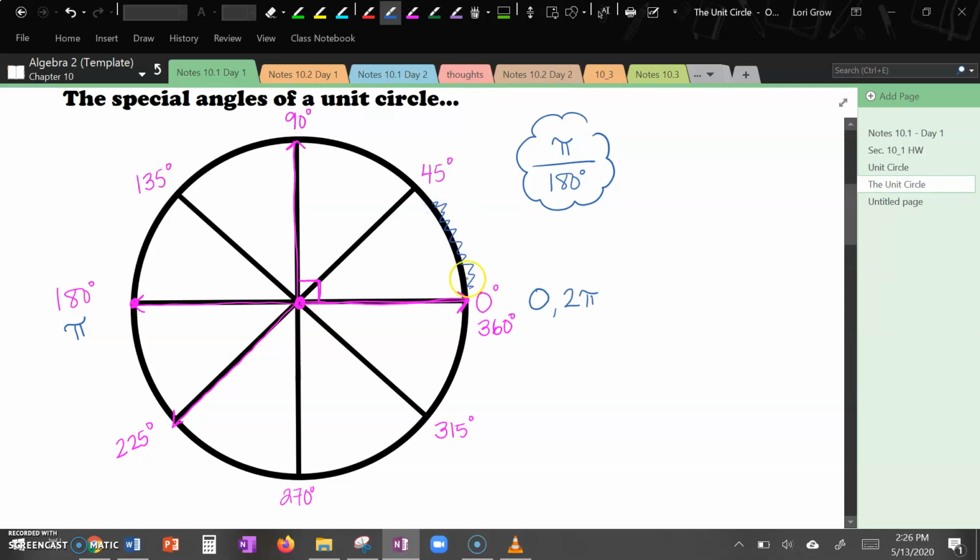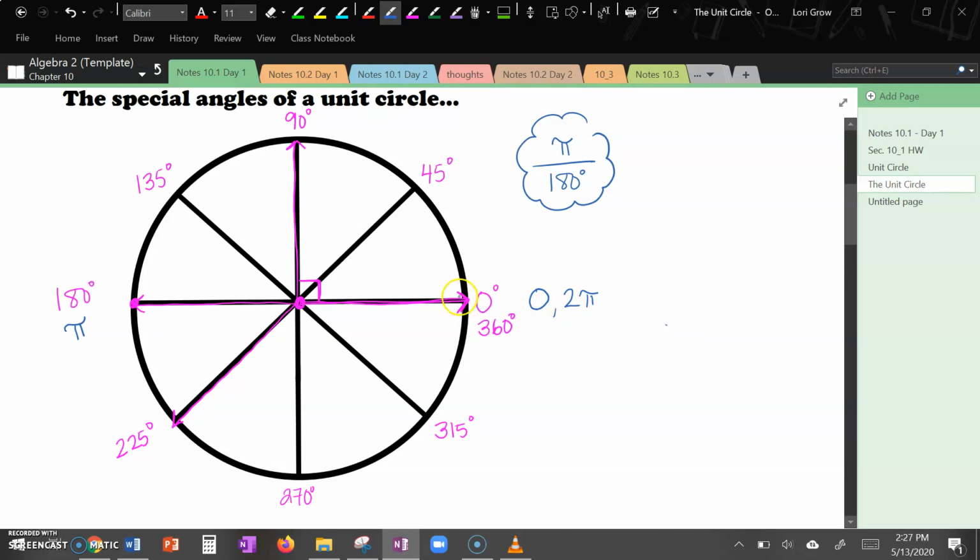And if you marked off radians all the way around the circle, it would take you 2 pi of them, basically 3.14 and 3.14 is 6.28. It would take you 6.28 radii to get all the way around the circle. That's a previous lesson on radians, though. Okay, so here we're at 0 and 2 pi.